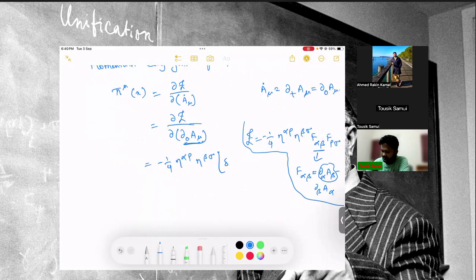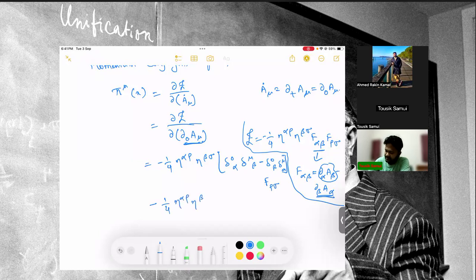So that can be written as delta 0 alpha delta mu beta, minus, from the second term, we will have delta 0 beta and delta mu alpha. And with this we will have F mu nu, F rho sigma, and the same thing will happen with the second term.